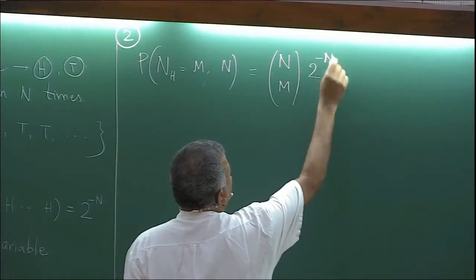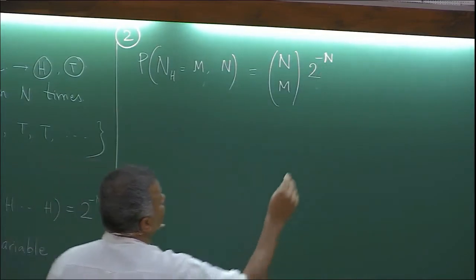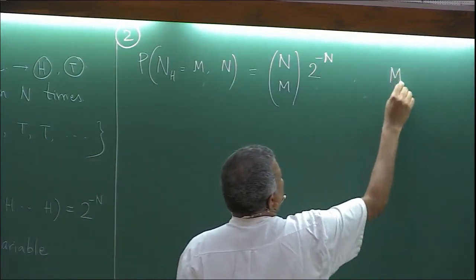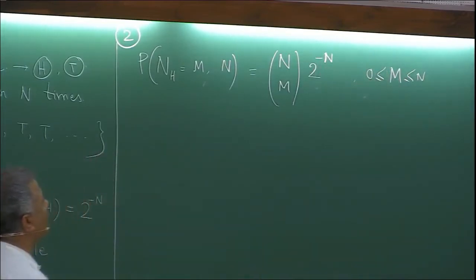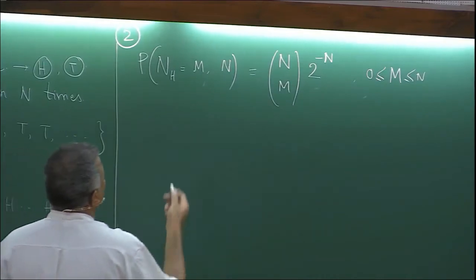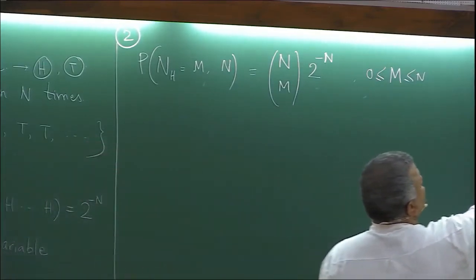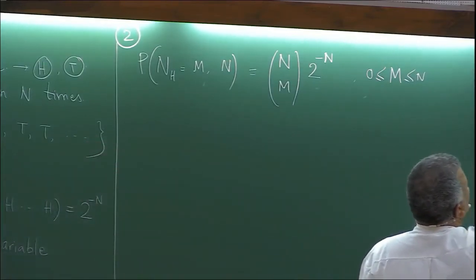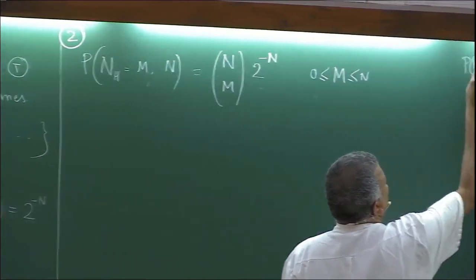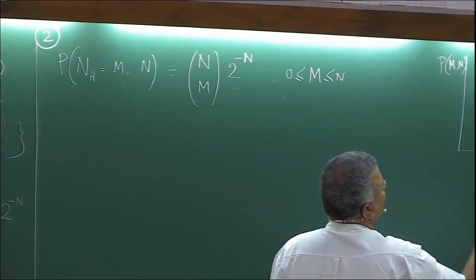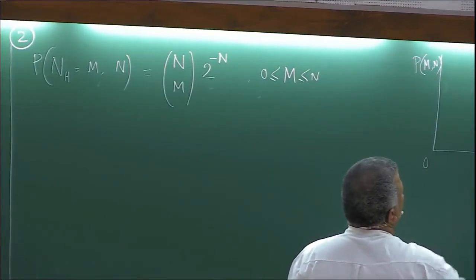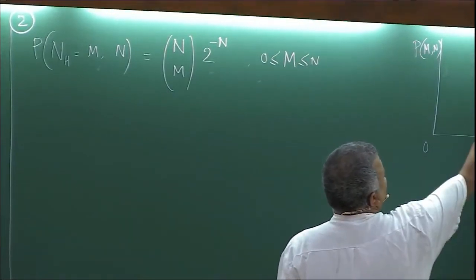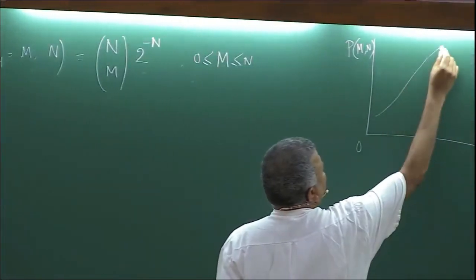So it's just a simple, trivial combinatorial exercise, a binomial distribution. If I plot this object, it's a discrete thing, with m going from 0 to n, and basically it will be something like this.